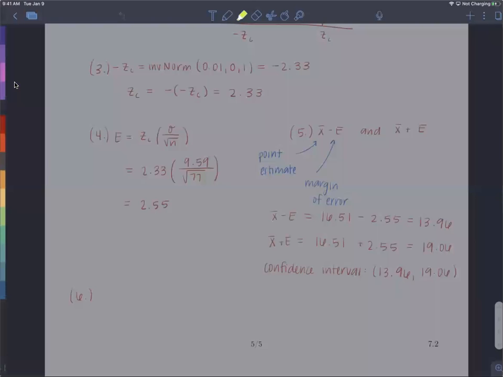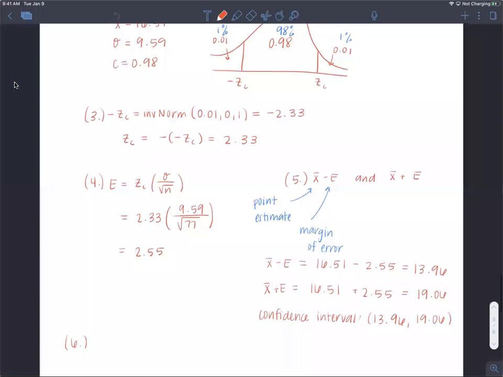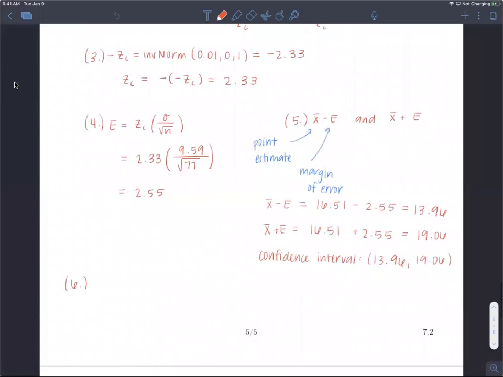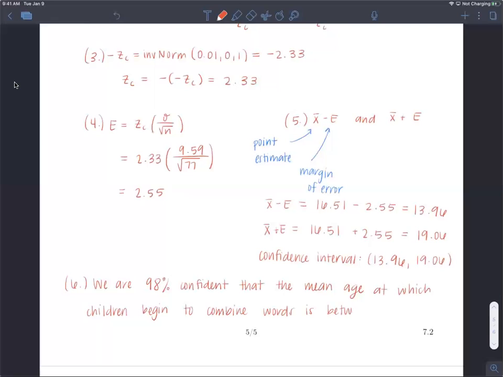And so if I go back over here, since I was using a confidence level of 98%, I'm going to start out my interpretation by saying we are 98% confident that the mean age at which children begin to combine words is between 13.96 and 19.06 months.